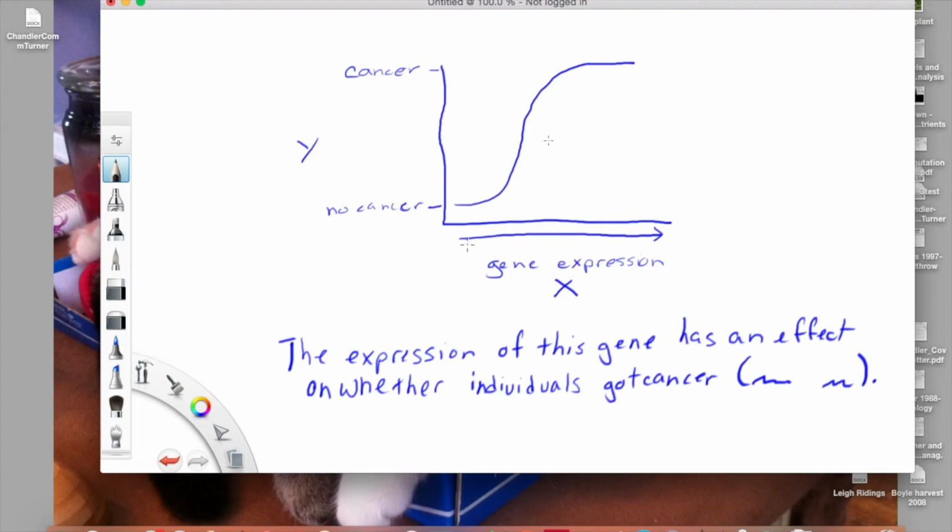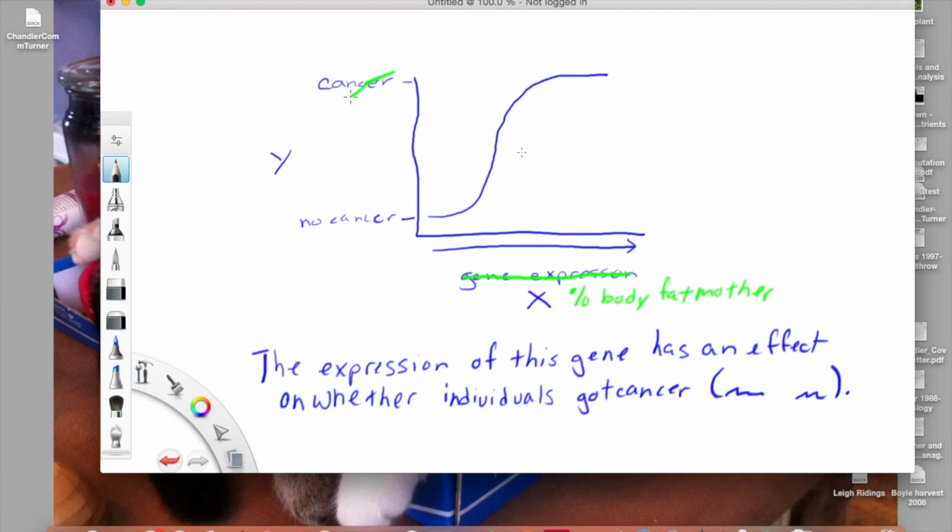So the really important thing is to not get hung up on the fact that we're using certain nominal and dependent variables. You can use all kinds of variables. So say for example we wanted to use our percent body fat of a female bear example. Well, our independent variable would then become percent body fat of mother. And we were asking, does percent body fat determine whether she has 1 cub or 2 cubs?